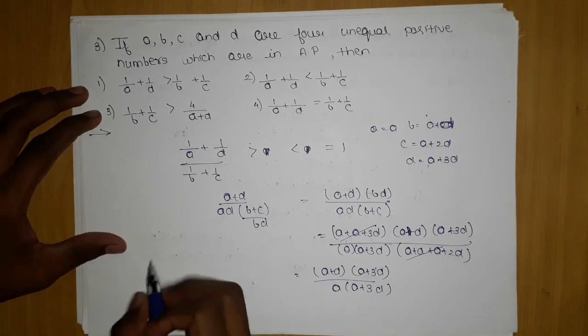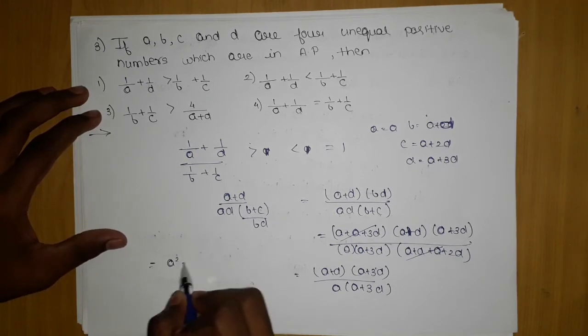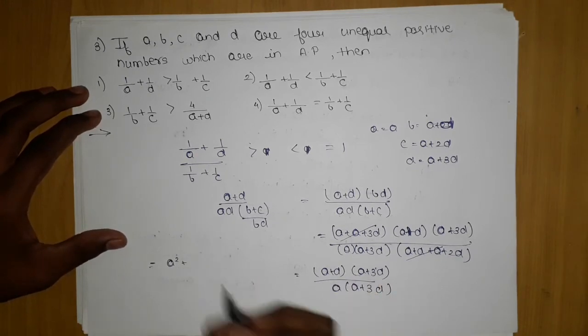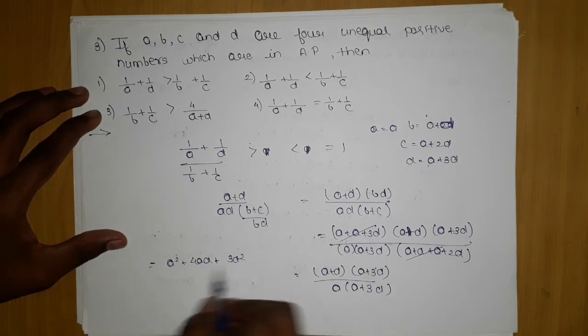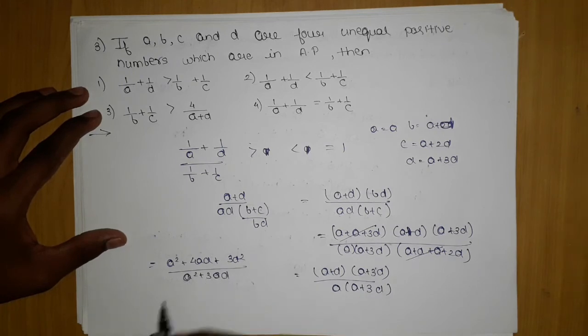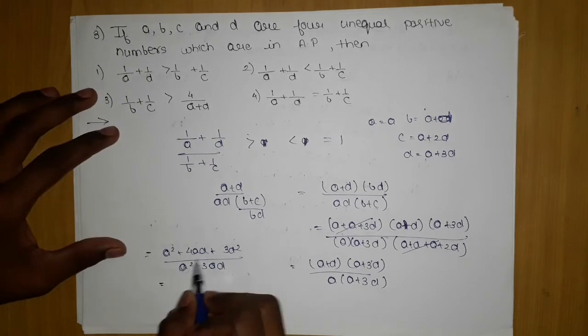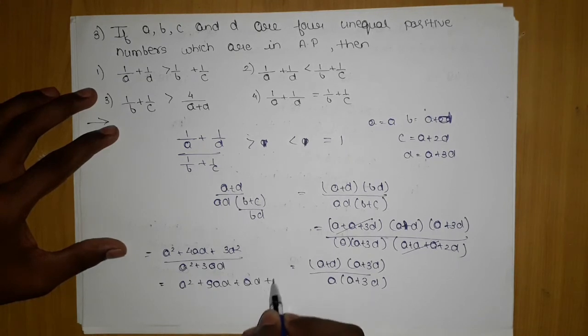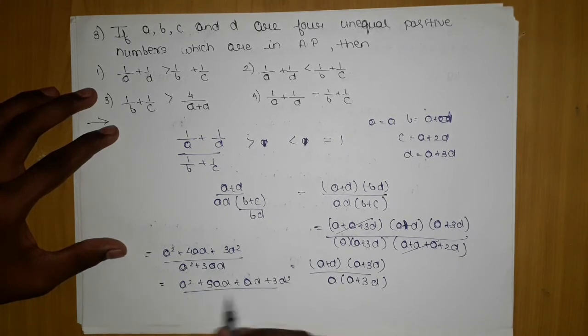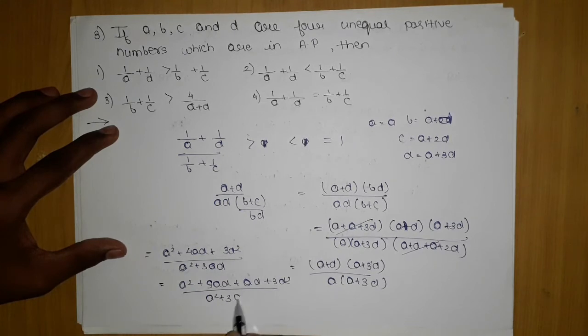Now what I will do, I will multiply this: A square, 3AD, and this will become AD, meaning 4AD, and this will be 3D square. And if I multiply this, A square plus 3AD. Okay, so now what we can do, if I break this up, meaning the upper part: 3AD plus AD plus 3D square upon A square plus 3AD.